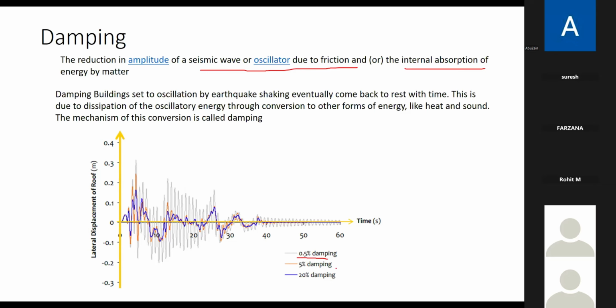Now we always consider an RCC member as 5%. Why? Many people have done experimental studies, and for RC, not only pure concrete, it is 5%. If it is a steel structure, they say to use 2%. It will deflect more.